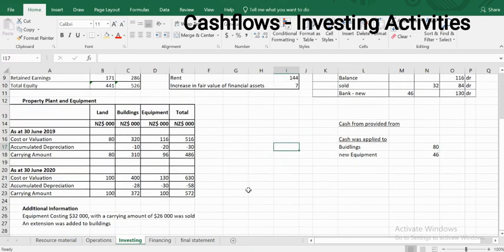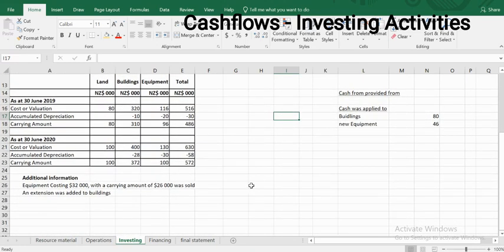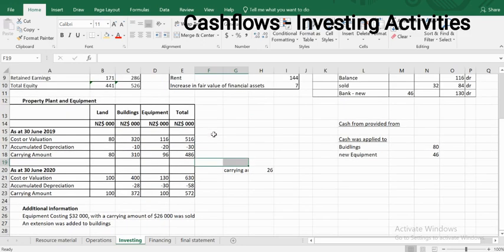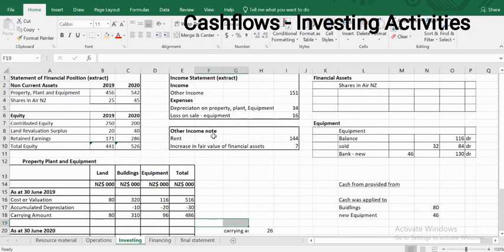Right, we also know that we've sold equipment and we need to work out how much we've sold it for and what cash we've got. Now the equipment cost $32,000, but what's important here is its carrying amount. So the carrying amount of this equipment was $26,000. What we need to look at now is whether there's been any loss or gain on sale. And where to look for that is in our income statement.